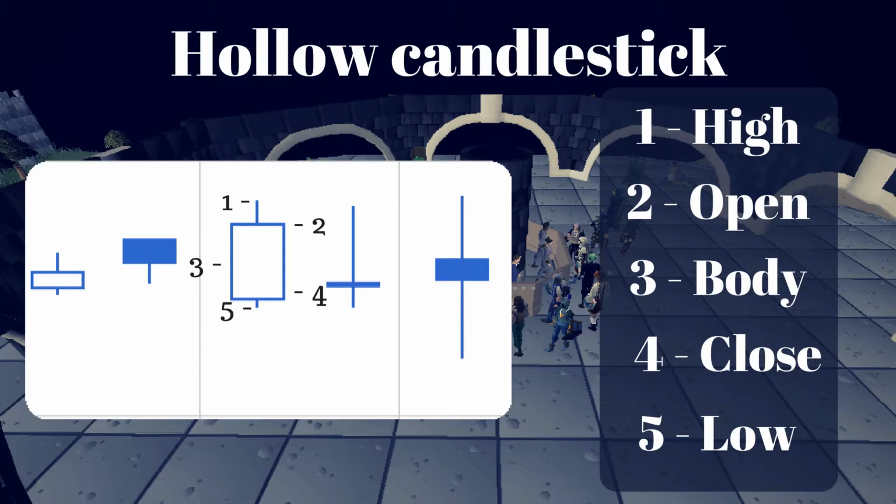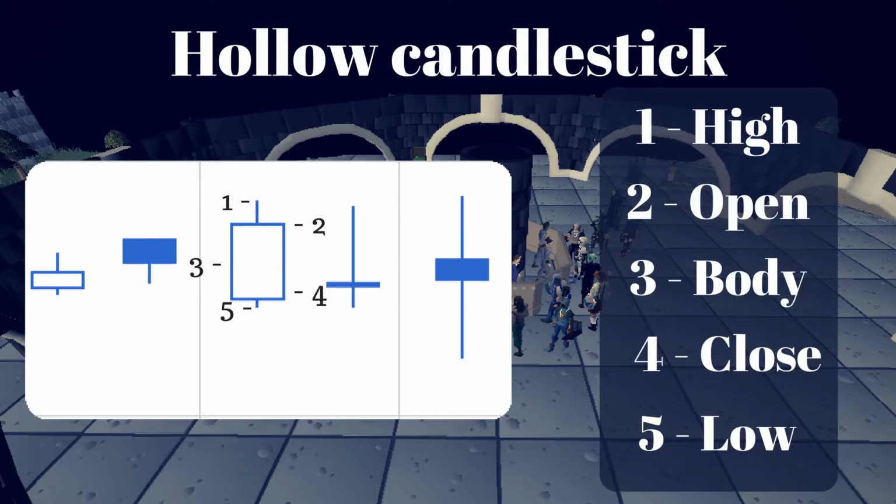And so 1 would be the market high, number 2 is the market open, number 3 is the body, 4 is the closing price, and 5 is the market low. A hollow candlestick chart would indicate that sellers are in control, but don't let that statement confuse you. All this really means is that buyers are opening the price at a higher amount than what the item is closing for.